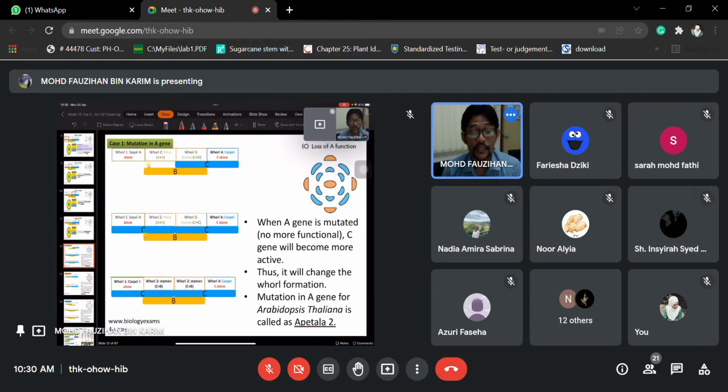Ataupun dia memang tak dihasilkan langsung, right? So first you can disrupt the gene DNA sequence, right, in the nucleus, ataupun resepi betul, right? Resepi betul, and then tukang masak, dia copy resepi yang betul, right?